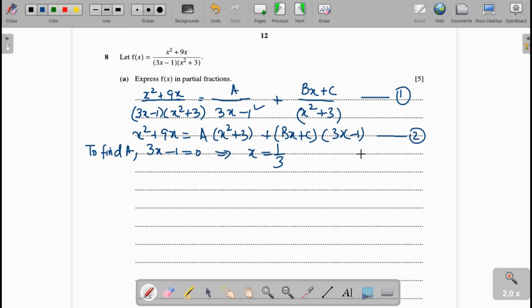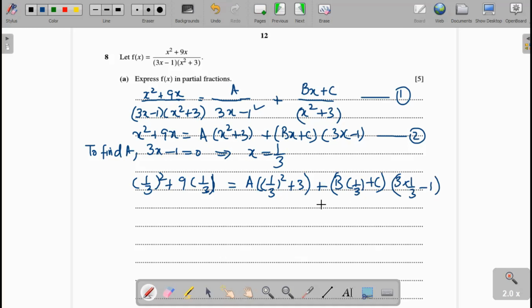Therefore, we put the value in this identity, and we get 1 over 3 whole squared plus 9 times 1 over 3 equal to a into 1 over 3 whole squared plus 3, plus the other term, which becomes 0 because 3 into 1 over 3 minus 1 is 0. So that is 1 over 9 a plus 3a.